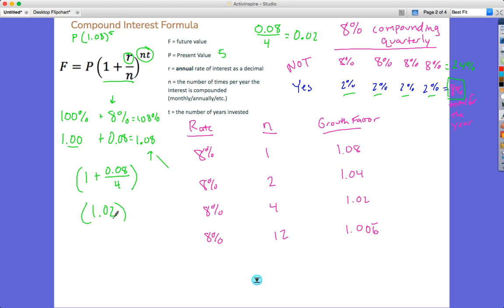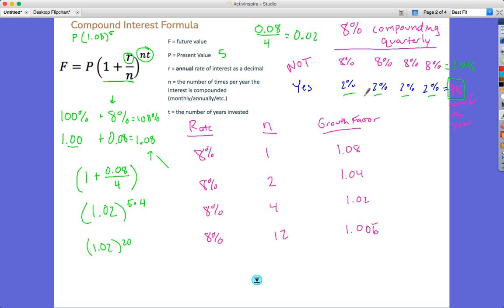But down here it's happening 4 times a year, so it's going to happen more than 5 times. That's 5 years, 4 times a year, so times 4. It's going to happen 20 times. So we go to 1.02 to the 20th. It's still only 5 years, but it's happening 4 times a year, so it's going to happen 20 times.